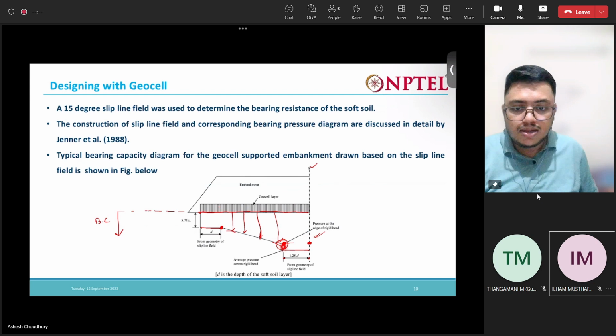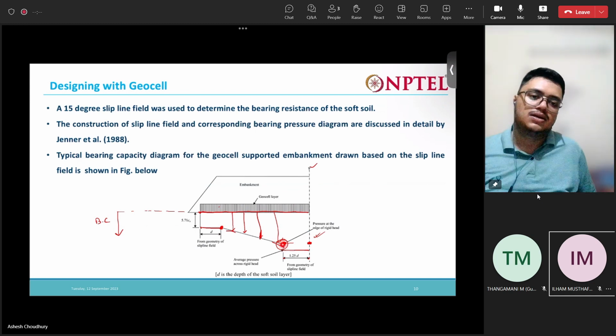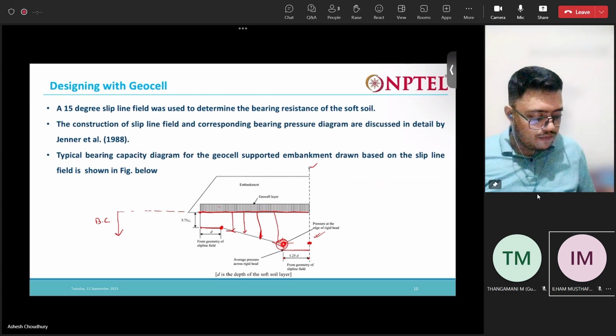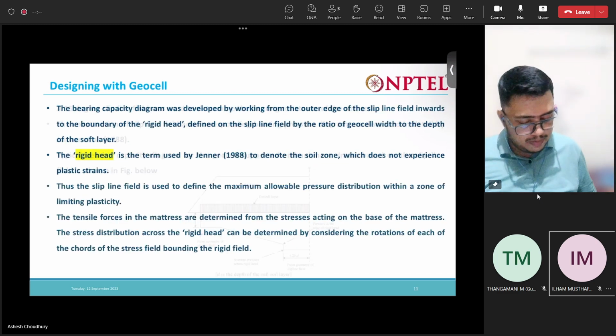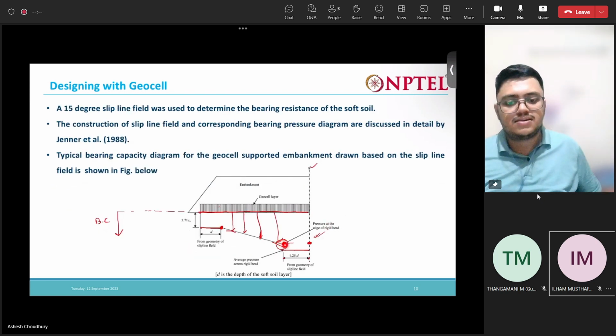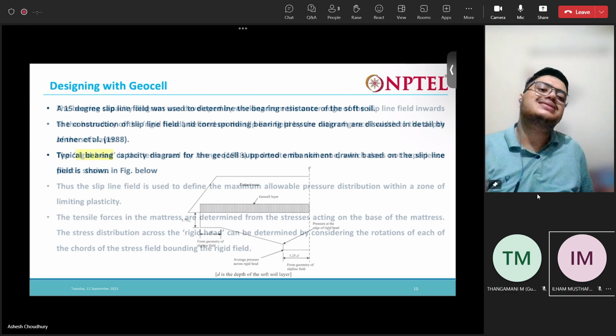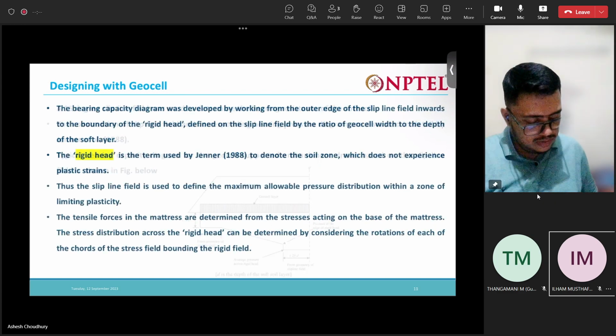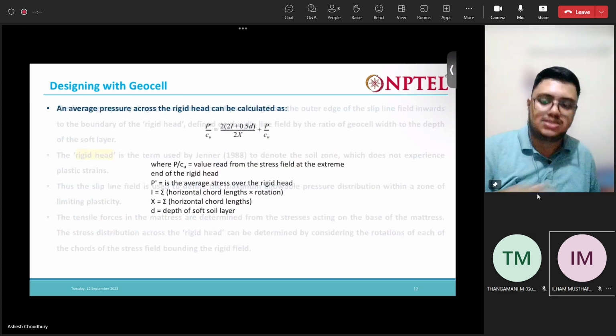At this point. This is the extreme end of the rigid head. That P by Cu is the pressure here that we are reading from this pressure diagram. That plus some other factors will give you the average stress over there.